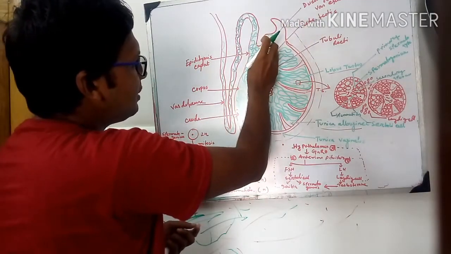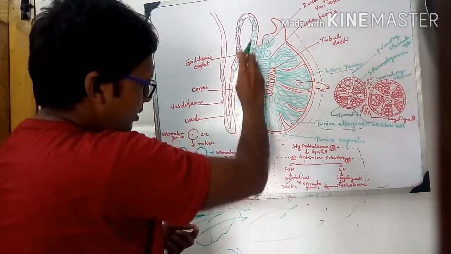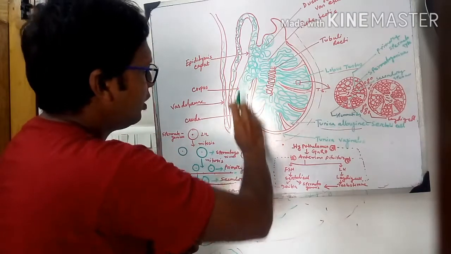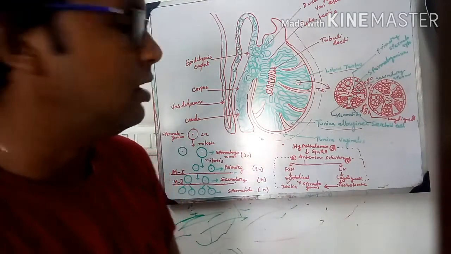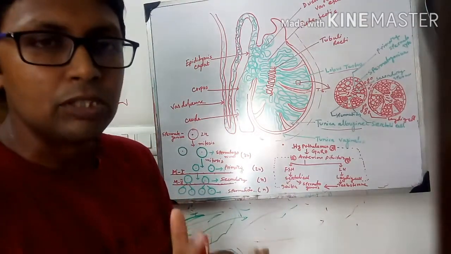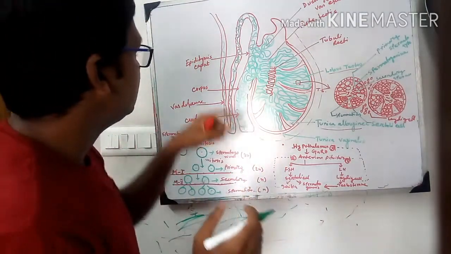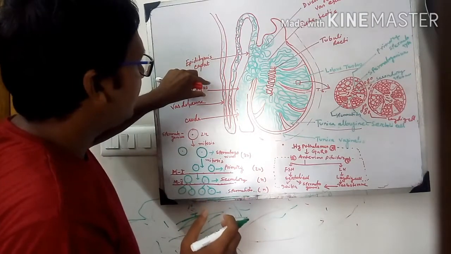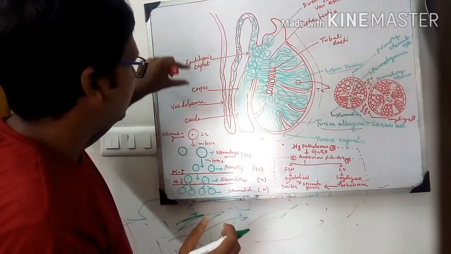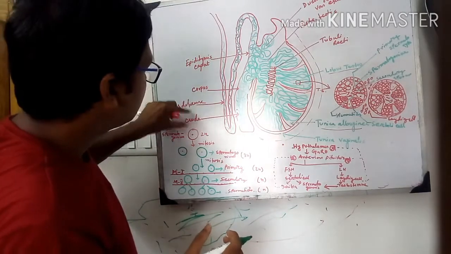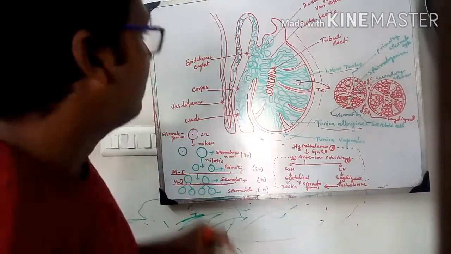Then from ductus efferentia, another secondary structure is present, called the epididymis. We discussed previously that the epididymis has three parts: the head region called caput, the middle region called corpus, and the tail region called cauda.